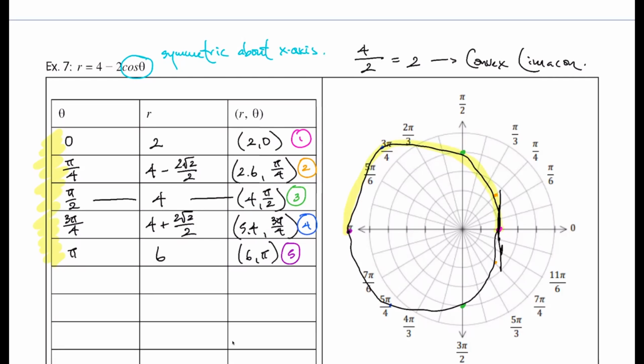It doesn't have to be a cardioid with sine. There is going to be a point at the origin, but you don't always know where it is, right? It could be pi over 2. It could be pi, depending on your equation. Okay. So for cosine, you could say, let's start at 0. And for sine, starting at pi over 2 might be a good thing to do.